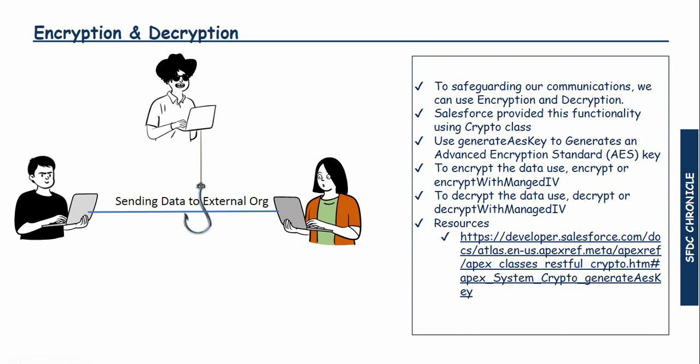So in this particular session, we'll show an end-to-end demo of how we have done this, what Apex classes we have used, and how we implement all this encryption and decryption in our classes. And we are going to use the encrypt with managed IV method. So let's jump into the demo.